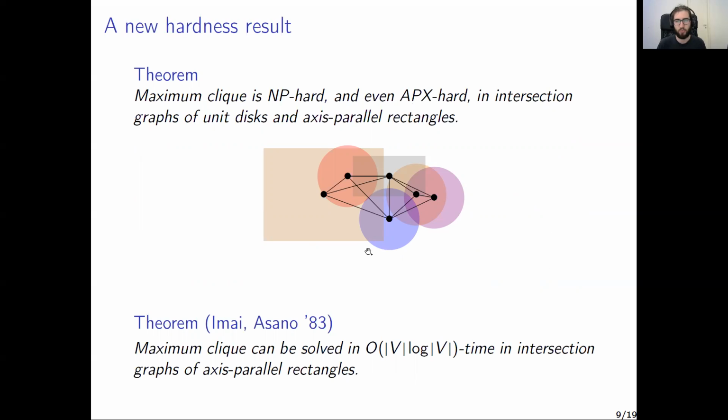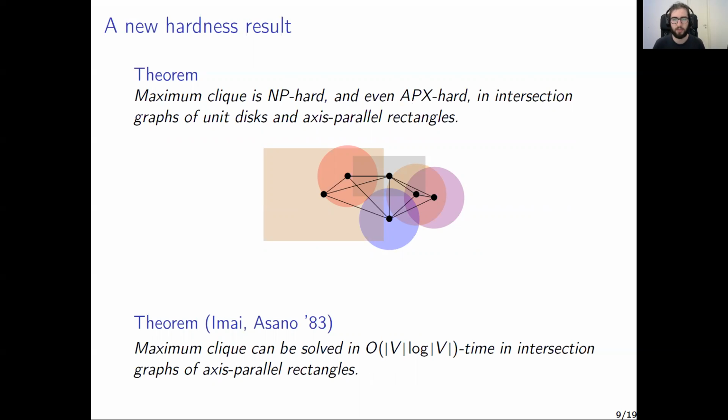It's a class of graphs that have a representation like this. You can see that each vertex is mapped into either a unit disk or an axis-parallel rectangle. And then again, we have this intersection graph that is defined as before.